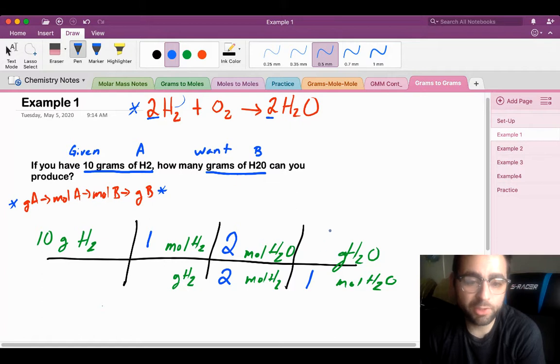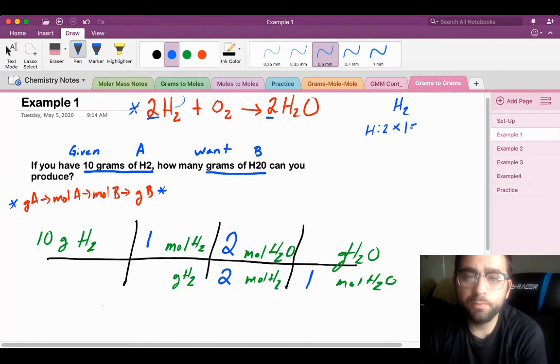Last thing I need to do is fill in this box and then this box. Those are just molar masses. So this is the grams of H2. What is the total amount of grams of H2? So let's find the molar mass. For H2, I have 2 H's. Each H weighs 1 gram. So 2 times 1 is 2. So the mass of H2 is 2 grams per mole. Last one I need to do right here is H2O. So let's break that one down into molar masses.